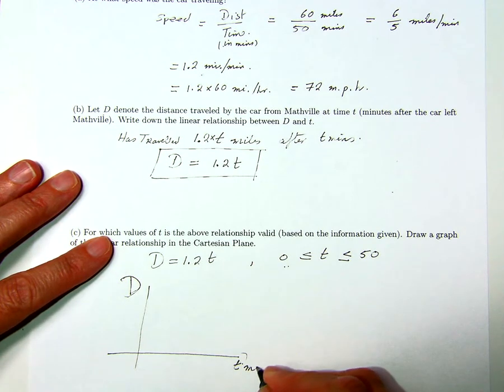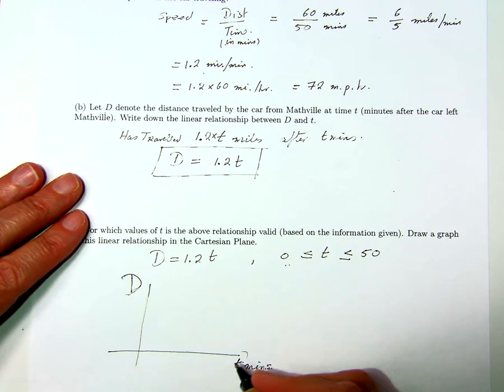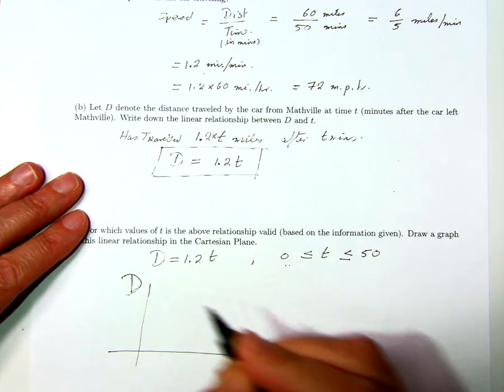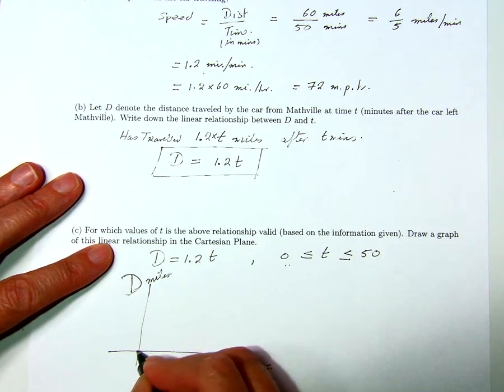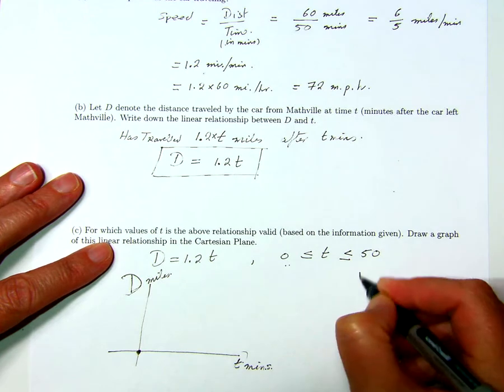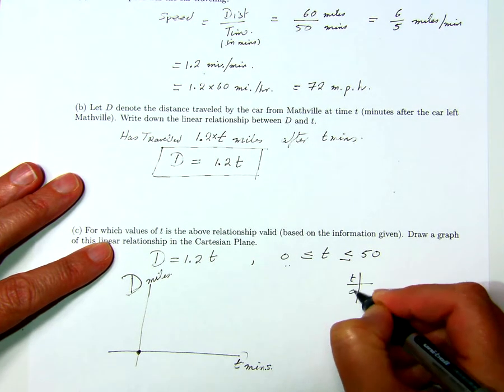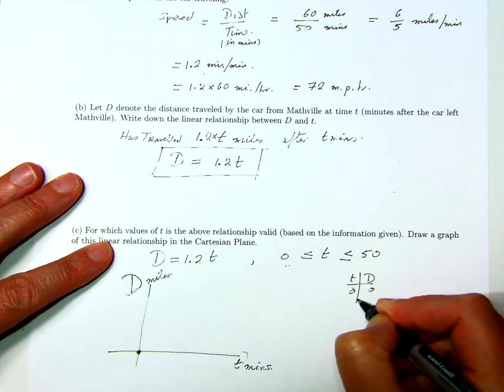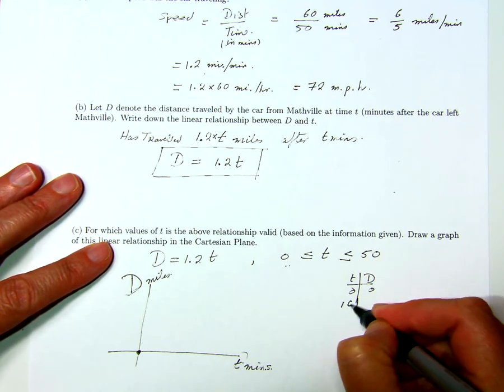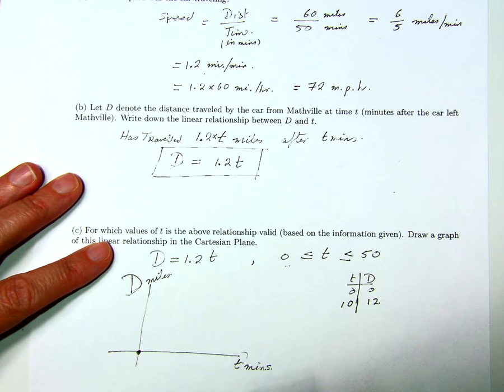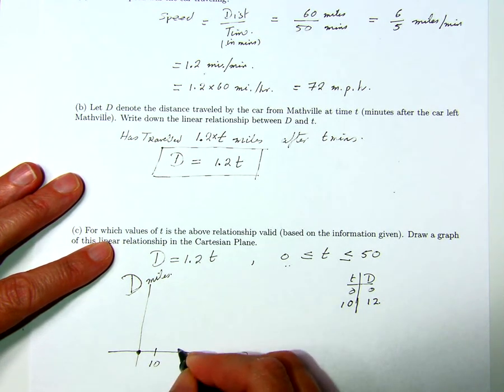Remember, t is measured in minutes, and it's always good to keep track of what your units of measurement are, and d is measured in miles here. And I know when t is 0, then d is going to be 0. And I also know that when t is 10, d is 12. I'm going to mark off the axes in increments of 10.